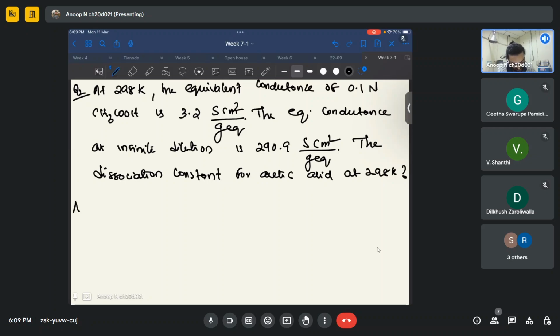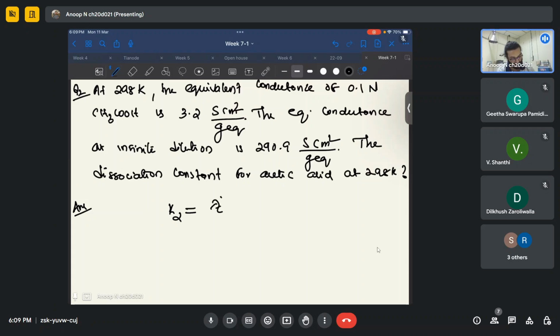How can we calculate? What is the formula we have to use for dissociation constant? You have to remember these formulas.